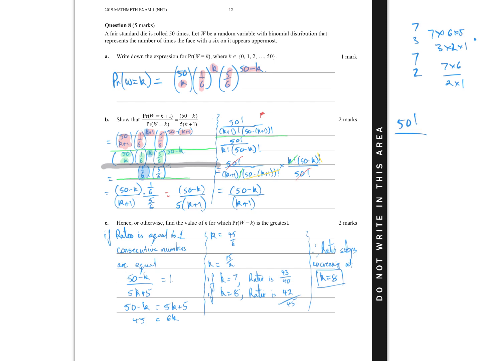Now, if I maybe come over here a little bit to the left, 5/6 to the 50 minus k plus 1 is equal to 50 minus k minus 1, which is 49 minus k, isn't it?